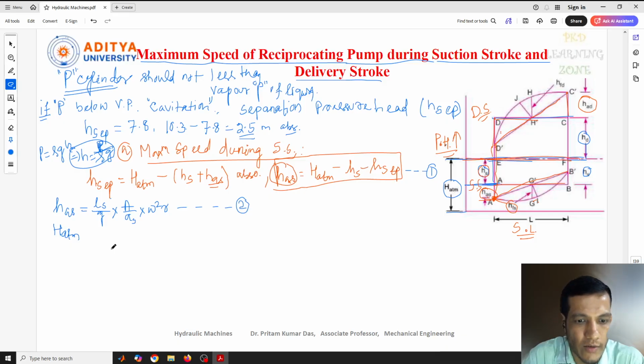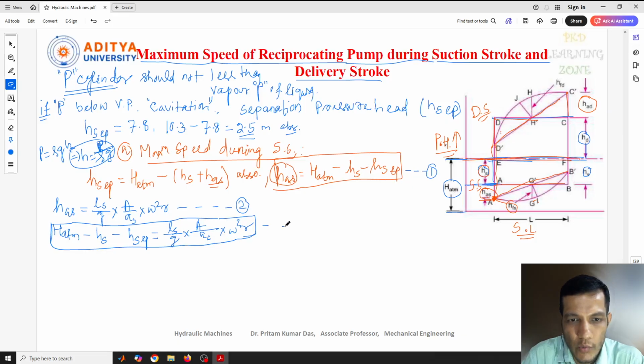What I get finally is HATM minus HS minus H separation, then I put the HS value from this equation, equal to LS by G into A by AS into omega square. Now this is our equation, equation number 3.